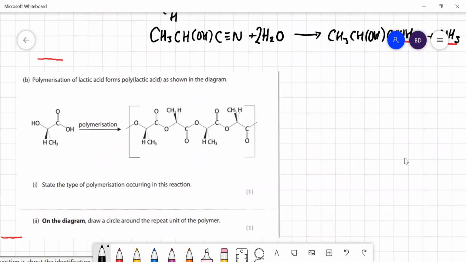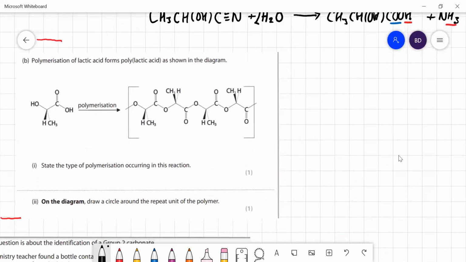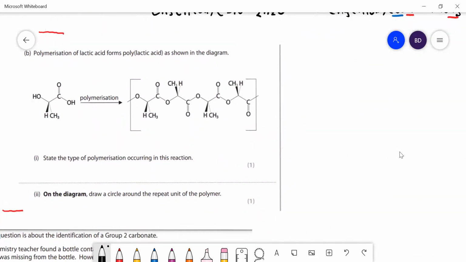Right. And you can polymerize lactic acid to form polylactic acid as shown in the diagram. What kind of polymerization is occurring? Well, it is condensation. One end is the carboxylic acid group. This is the OH group, and of course the lactic acid is drawn round the corner there.